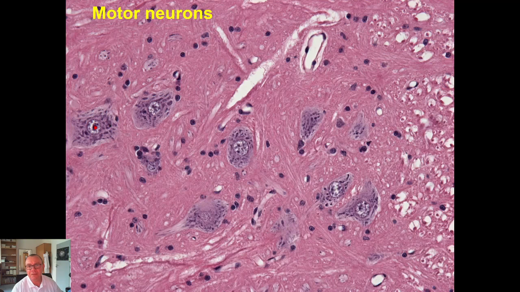Motor neurons are typical multipolar neurons having more dendrites and one axon. It is sometimes possible to recognize the processes. For example, here is a process having Nissl bodies inside, so it is a dendrite. Probably here is a process which doesn't contain Nissl bodies inside, so it is probably the axon.